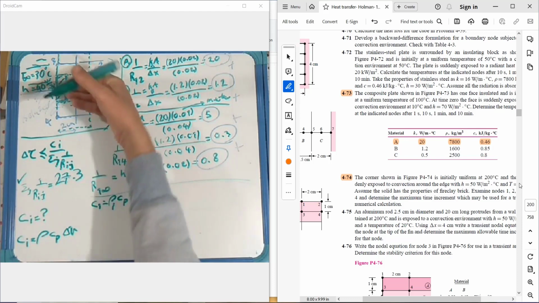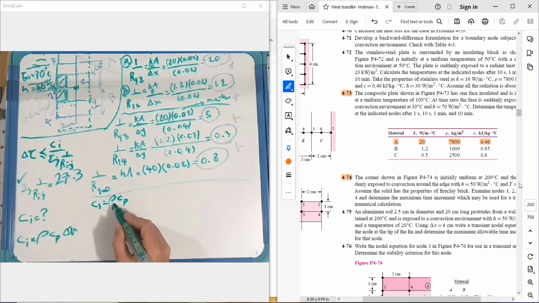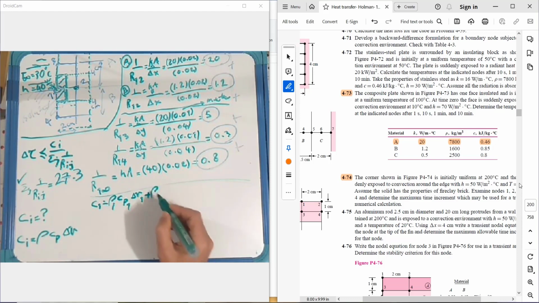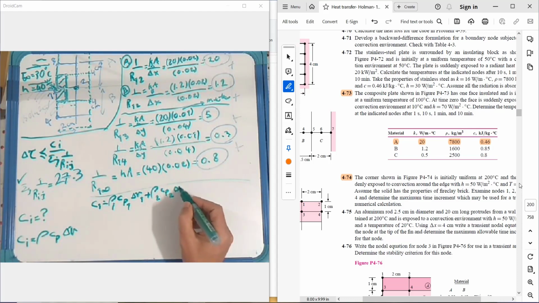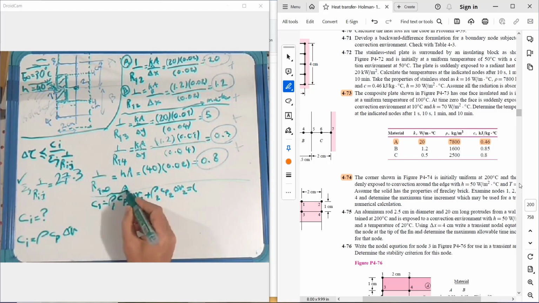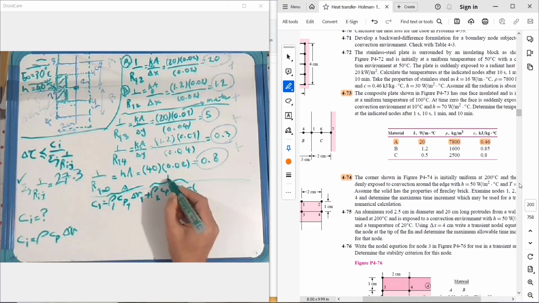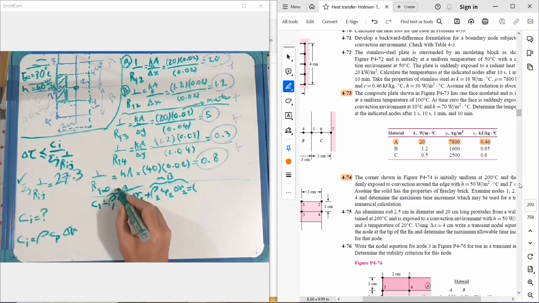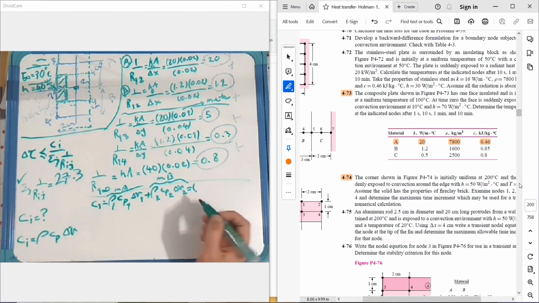We should write it for 2 points, A and B: rho 1 Cp1 delta V1 plus rho 2 Cp2 delta V2 for the other material, equals, and we should calculate it here. This is material A and this is material B.